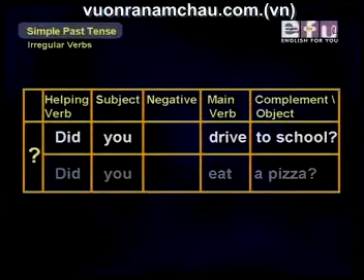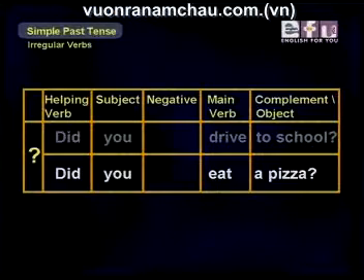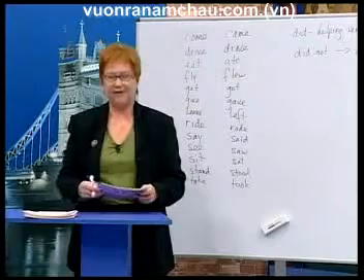Did you drive to school? Helping verb, subject, main verb, and complement. And the second example, did you eat a pizza? Helping verb, subject, main verb, and object. Okay? So you can see from looking at this how it goes.